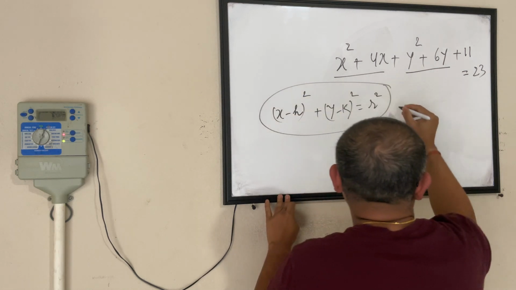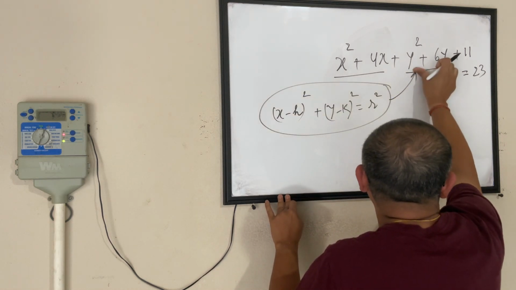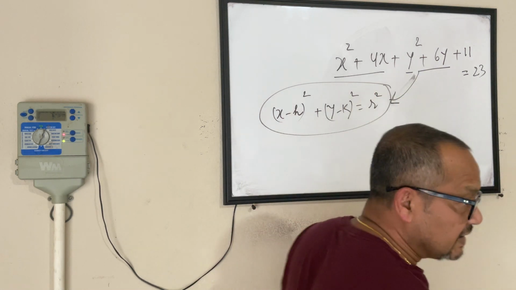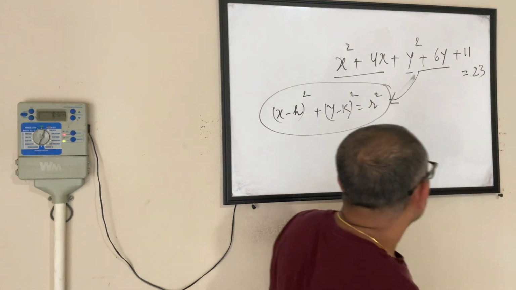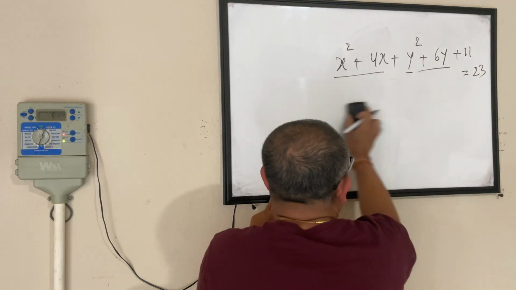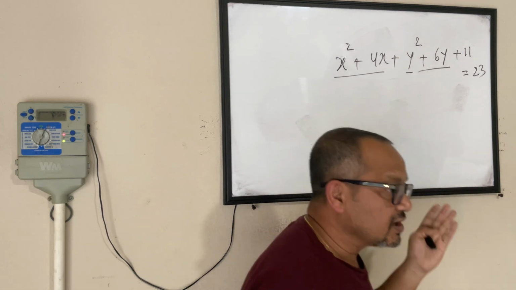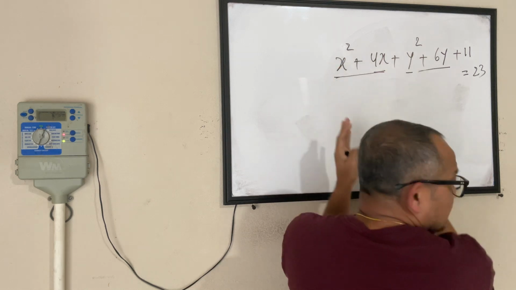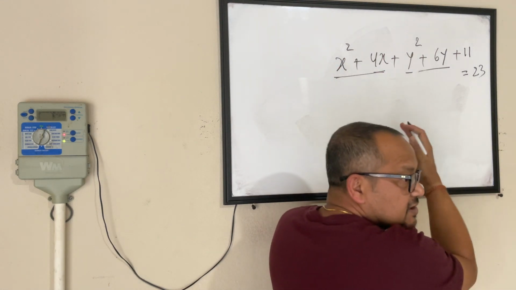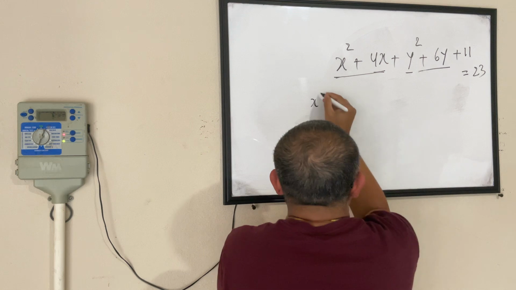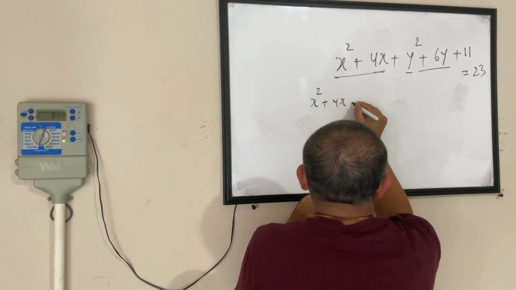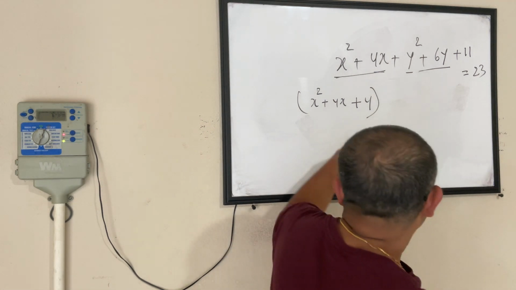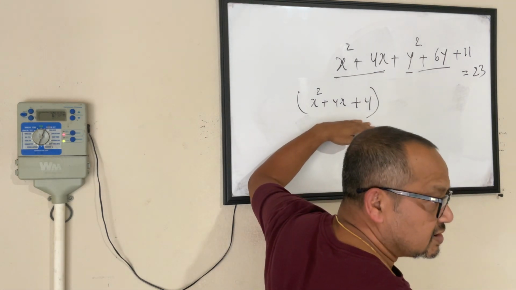So we have to see if we can convert this equation into this form. Now when you have an equation like this, you always have to look at how you break it down. You start isolating things which are relatable. Meaning, let's say x squared and 4x. I can add or subtract something to this to make it x plus something squared. So let's take this x squared plus 4x plus 4. If I keep it here, this becomes (x plus 2) whole squared.